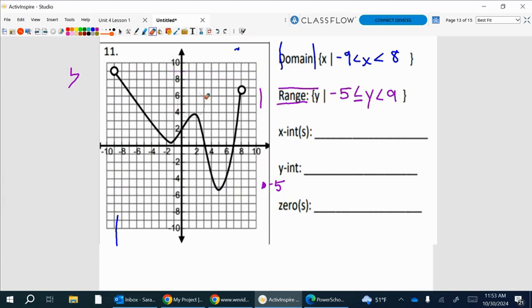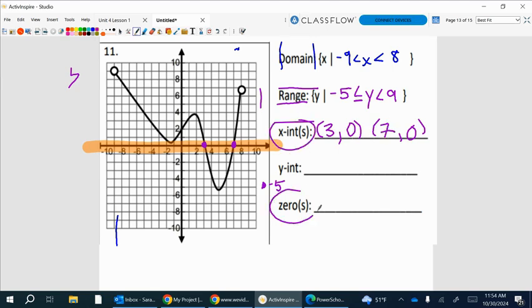Now I'm going to erase for my intercepts. Here's my x-axis. I'm going to go across. It's actually not touching there. There we go. And there's another one. So there are 2 x-intercepts. If you put 3, if you counted that one, that's fine too. But I'm just going to do the 2 that are clearly there. And that's going to be zeros for the y. 3 and 7.